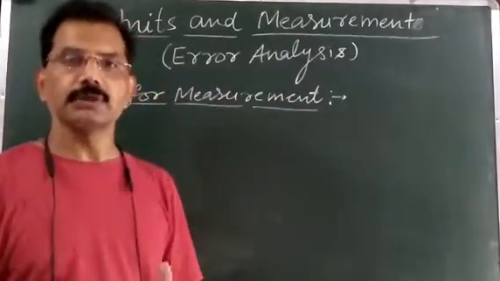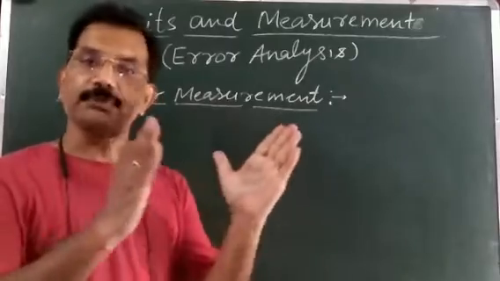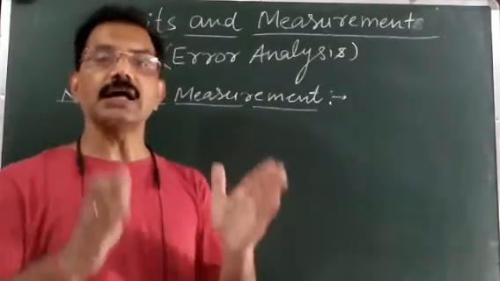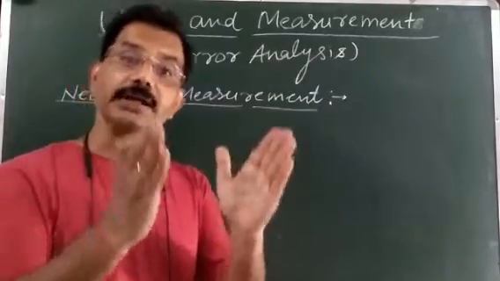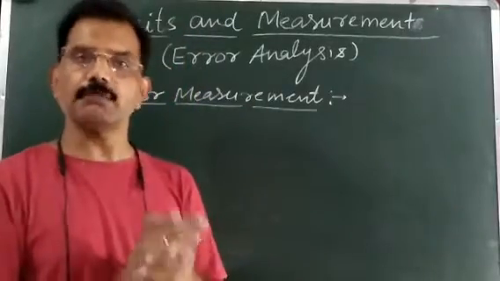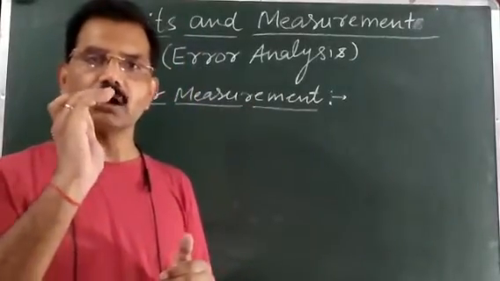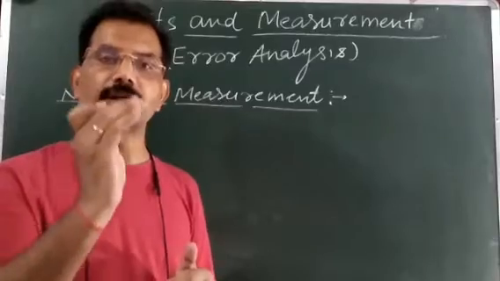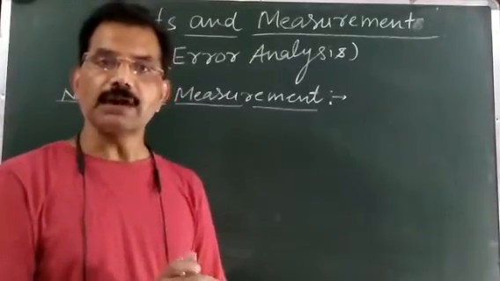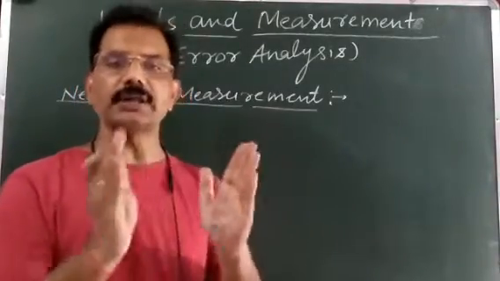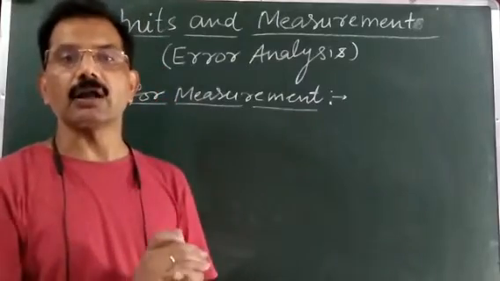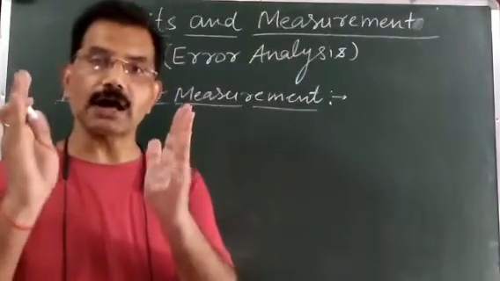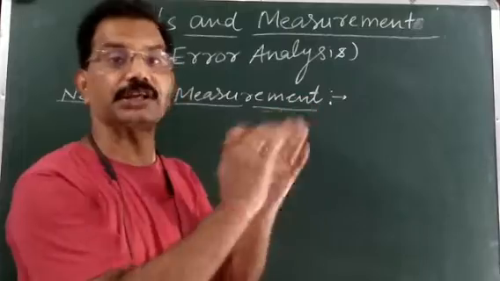Dear student, physics is a branch of science which deals with nature and natural phenomena. Always remember this. And for the proper description of any natural phenomena, we always use various physical quantities.